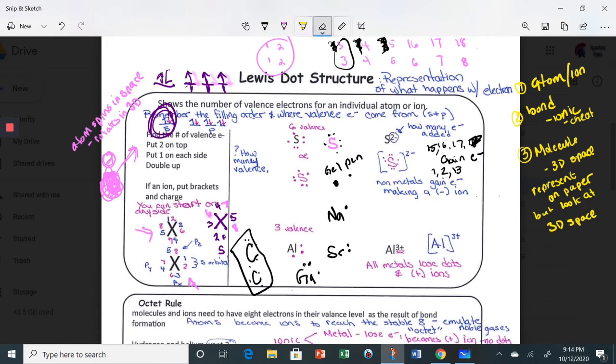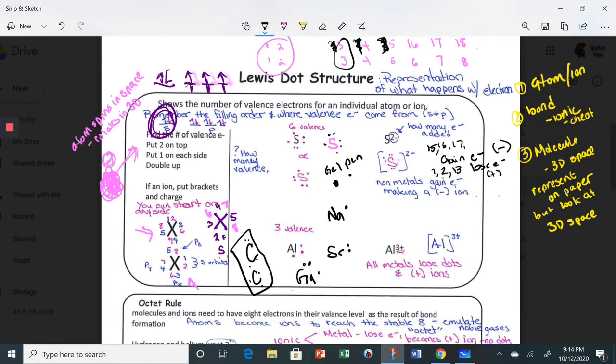That's bad, my part. 18 doesn't gain. They gain electrons. 1, 2, and 13 lose electrons, so they get a positive ion. Right, so this makes this positive. This will make it negative. And group 14, it depends on what it's with. Okay, so keep that in mind.